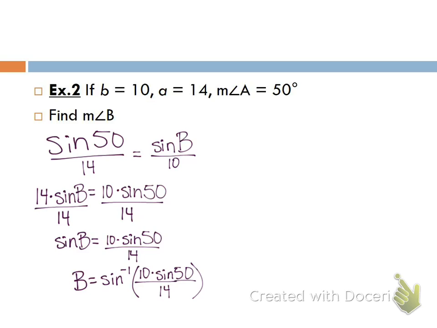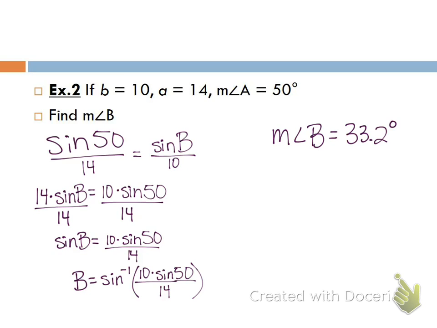So inverse sine of my answer. What do we get when we take inverse sine? Rounded to the nearest tenth. 33.2. So we should have gotten the measure of angle B is 33.2 degrees.